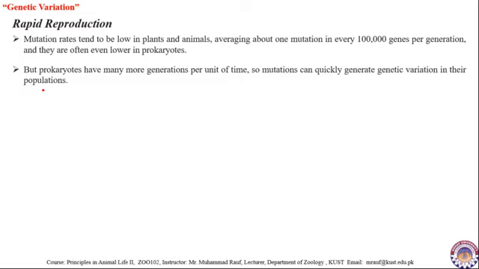So variations are much faster and more common in organisms whose genetic material is simple, and it is even more common in RNA viruses. Why is it more common in RNA viruses? Because when RNA replicates, another RNA is formed, but there is no proofreading.